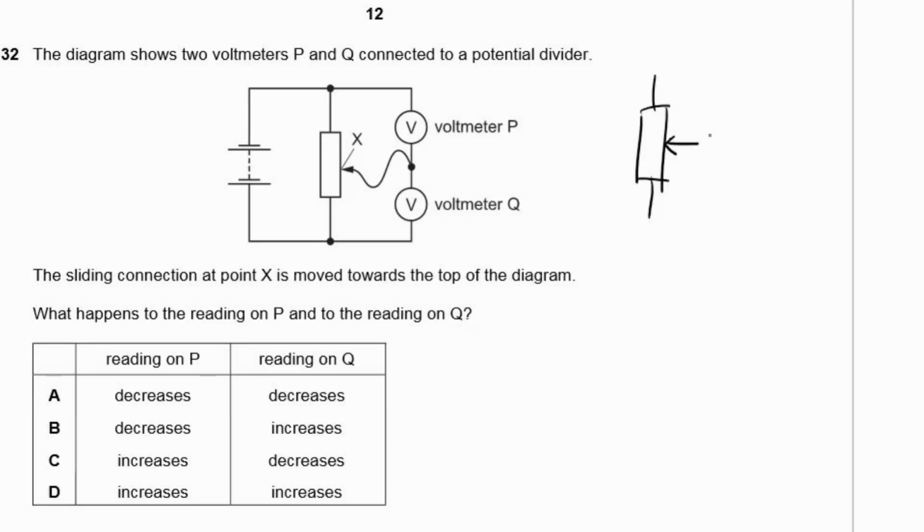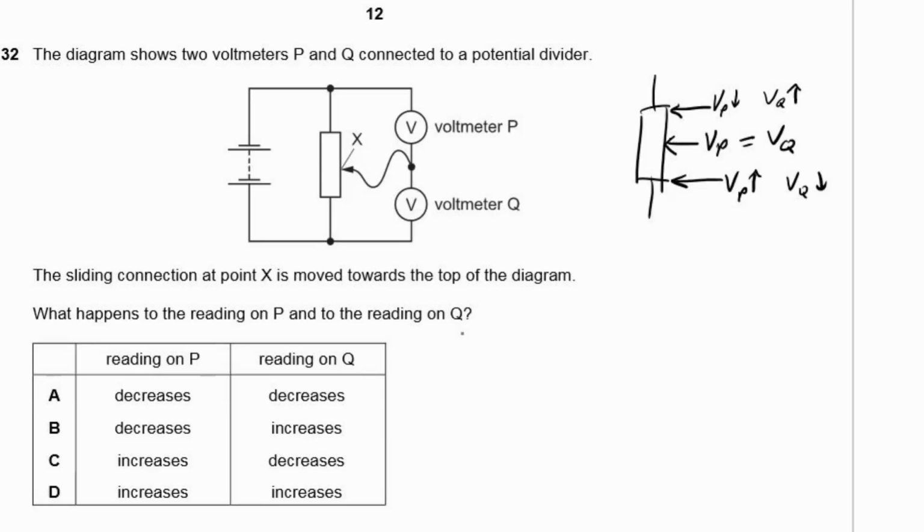When it's in the middle, the voltmeter at P is going to be equal to the voltage at Q. As it gets higher up, the voltmeter at P is going to read less, and the voltmeter at Q is going to read more. And down at the bottom, the voltmeter at P is going to have a very high reading, and the voltmeter at Q is going to have a very low reading.